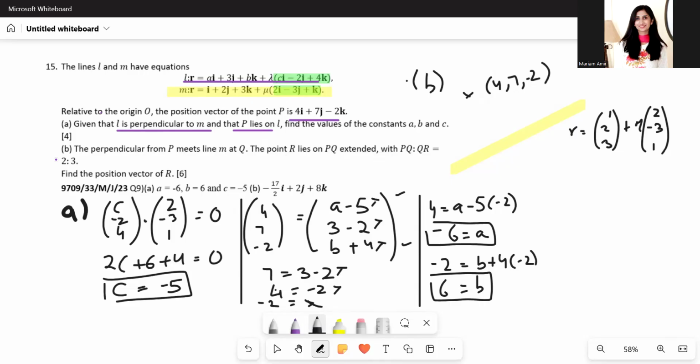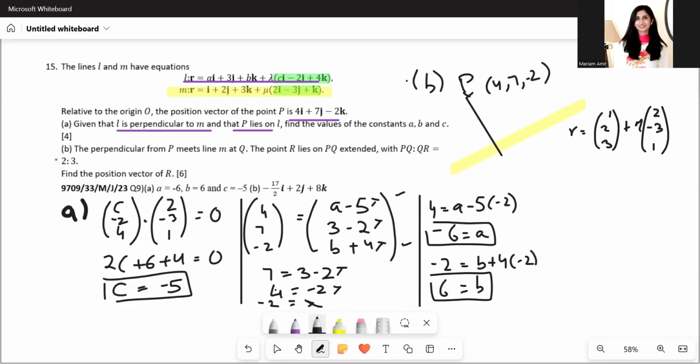Okay. The perpendicular from P meets M at Q. So that's P. And the perpendicular from P meets M at Q. This is the perpendicular line. And this is the point Q. Okay. The point R lies on PQ extended with PQ to QR ratio 2:3.